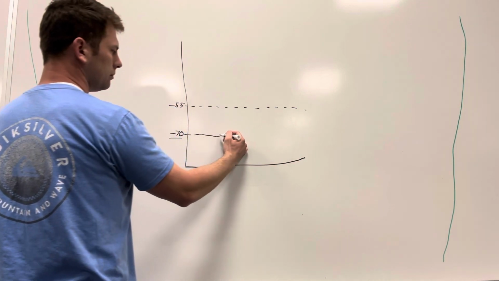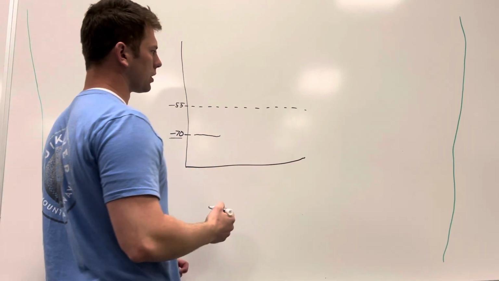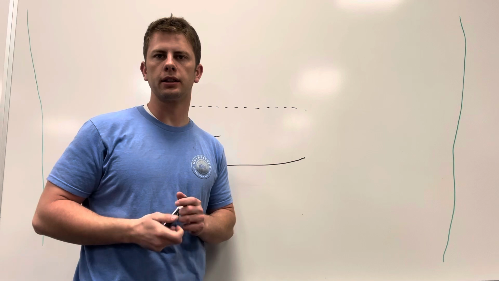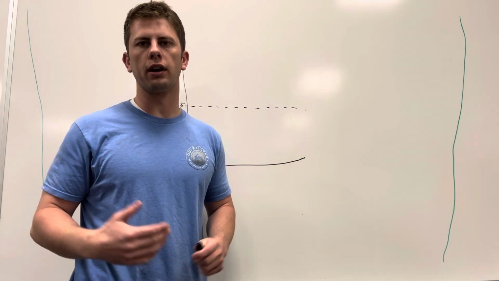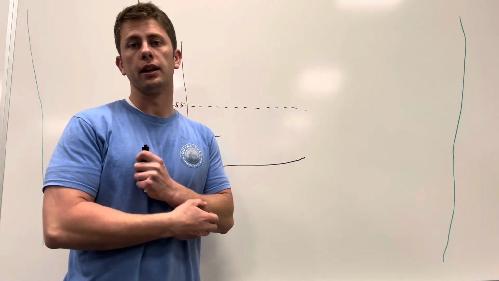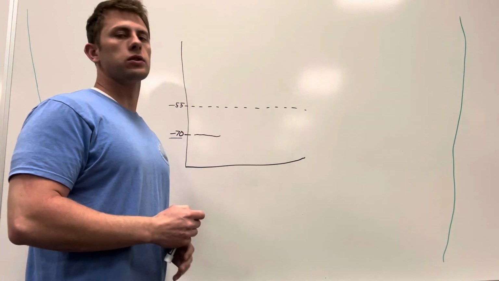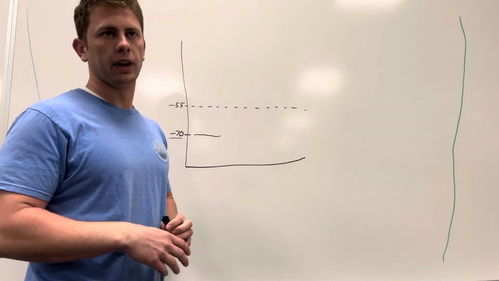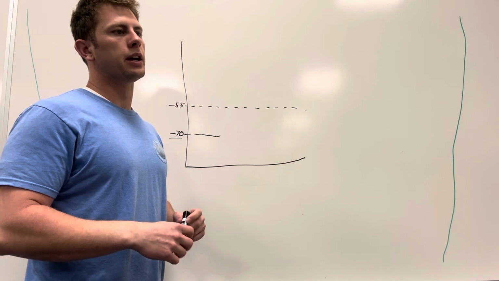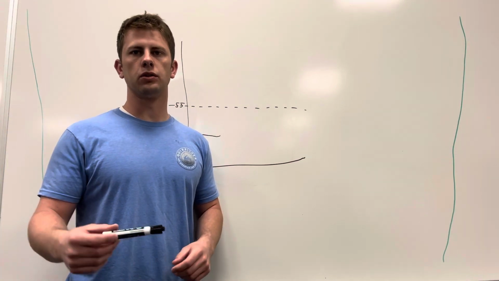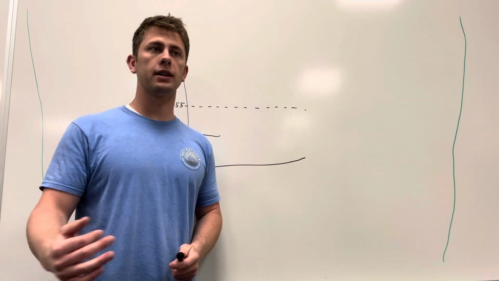Real quick, I'll start with this. Action potential basically means that a neuron is firing, or any cell is firing, but in this case, a neuron. And then we also have graded potentials. Graded potentials are anything that's not an action potential, but that causes the cell to depolarize or hyperpolarize.